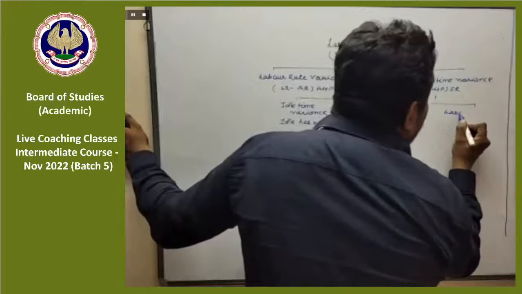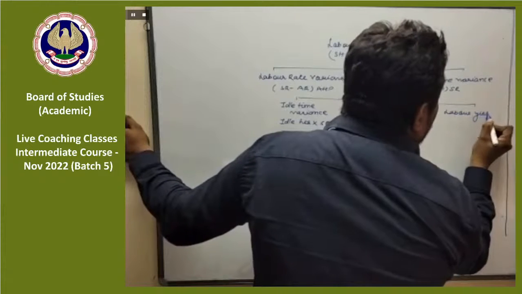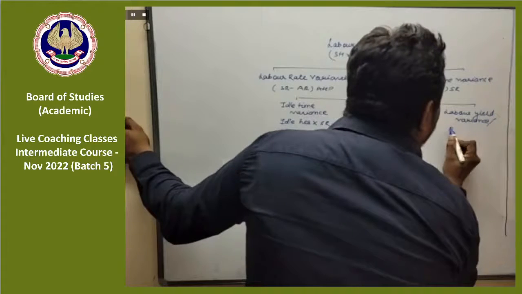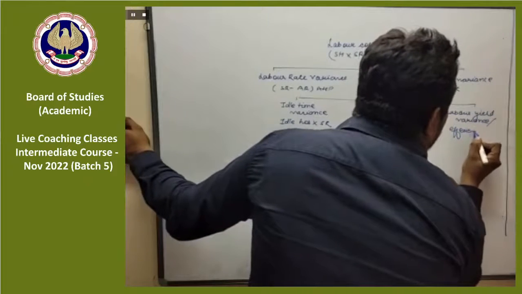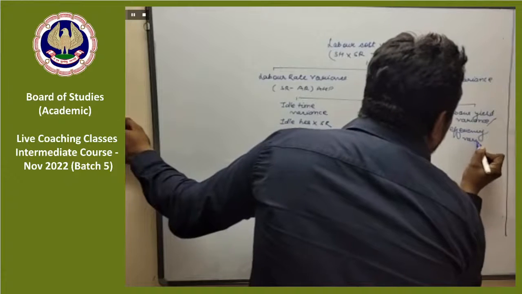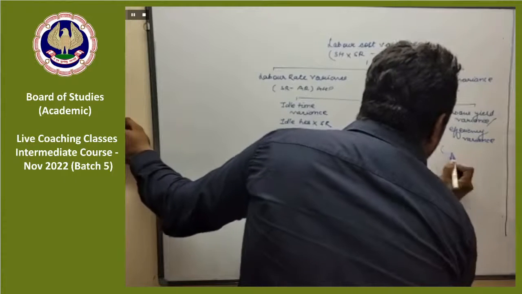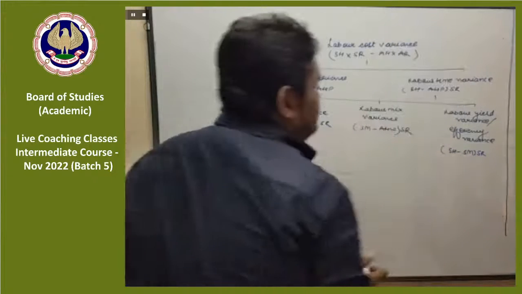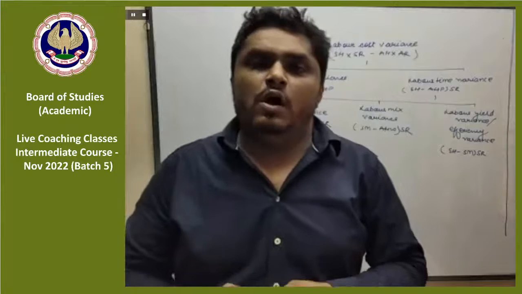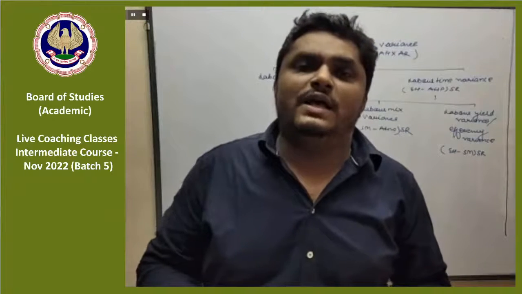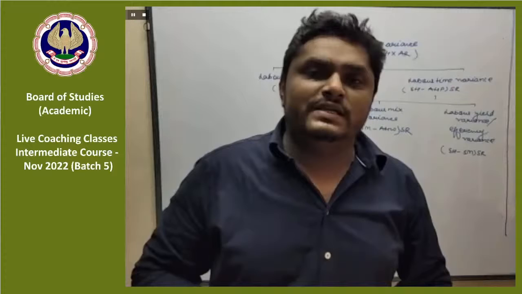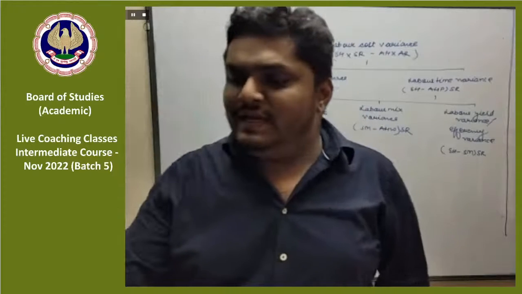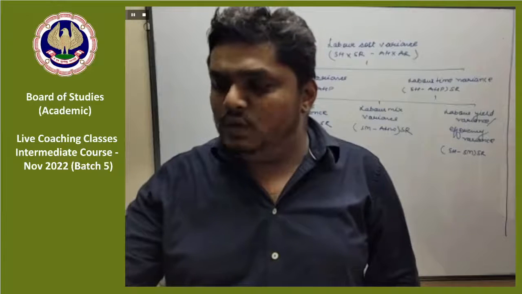And labor yield variance, or efficiency variance: standard hours minus standard mix into standard rate. So these are the concepts we discussed in the last class. Apart from this, we discussed a few questions on material variance. If you have any doubts in material and labor variance, you can ask me.